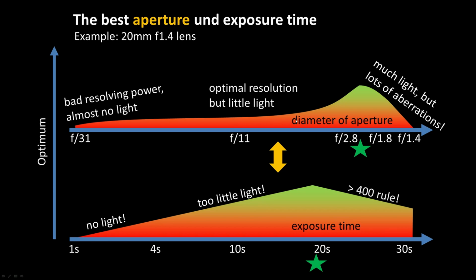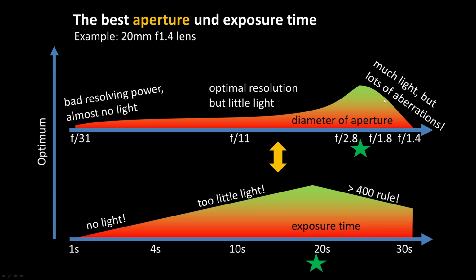So if I open the aperture more, then at a certain point I reach an optimum, and then it goes down again. Why does it go down? I continue to have more and more light if I open the aperture more and more, but I start to have other problems.